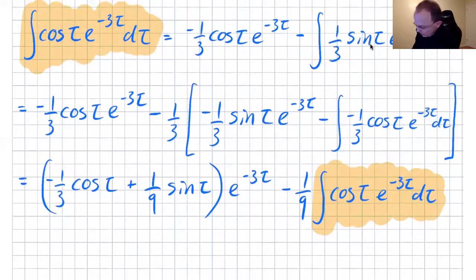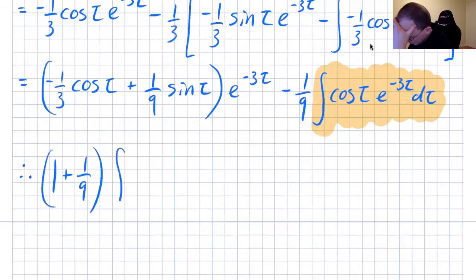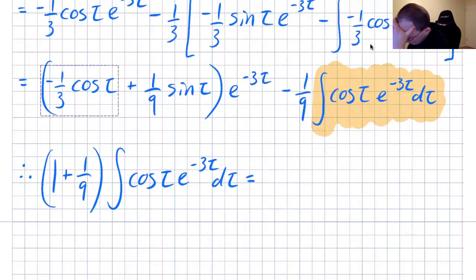So we'll get a 1. Yeah, so let's just write it out. So therefore, 1 plus 1/9 times this integral is equal to this.